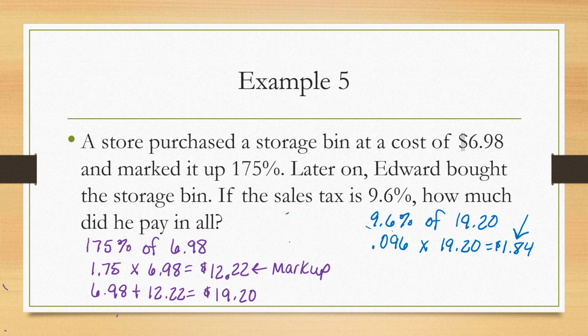Okay, so go back to your 9.6%. That was representing your tax. So to find our total, how much he paid in all, he's obviously paid the $19.20 for the storage bin, and he's going to pay $1.84 in tax, which gives him a total of $21.04.